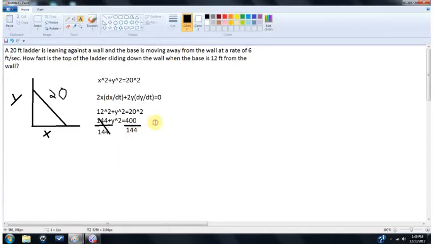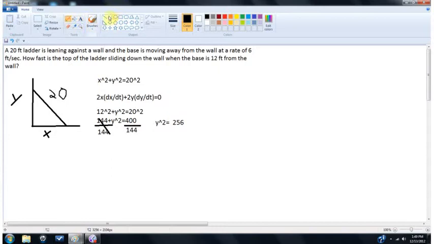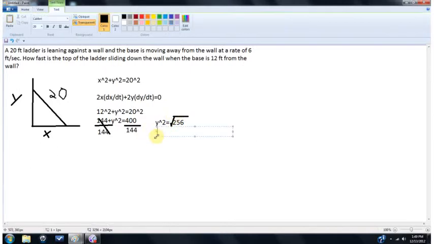So now y squared is equal to 256, and to cancel out the squared, we take the radical, which will give us y is equal to 16.